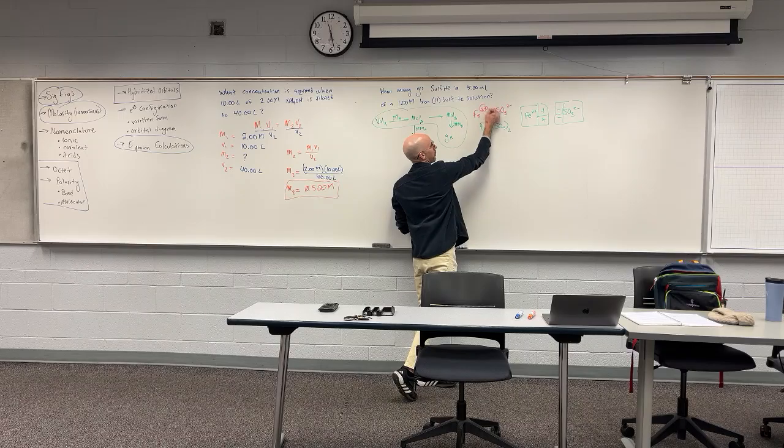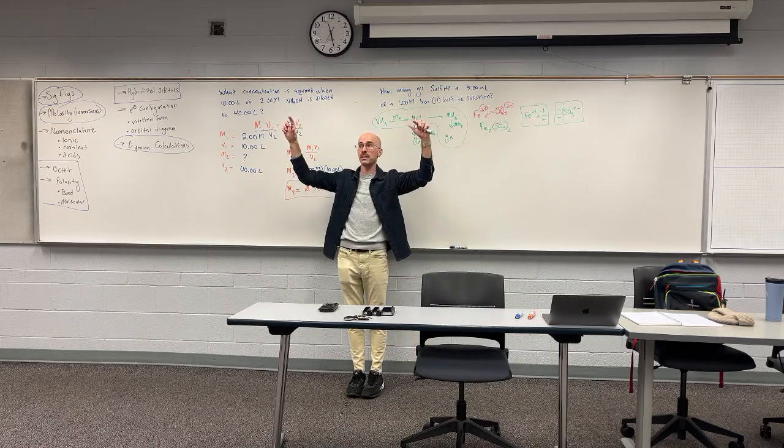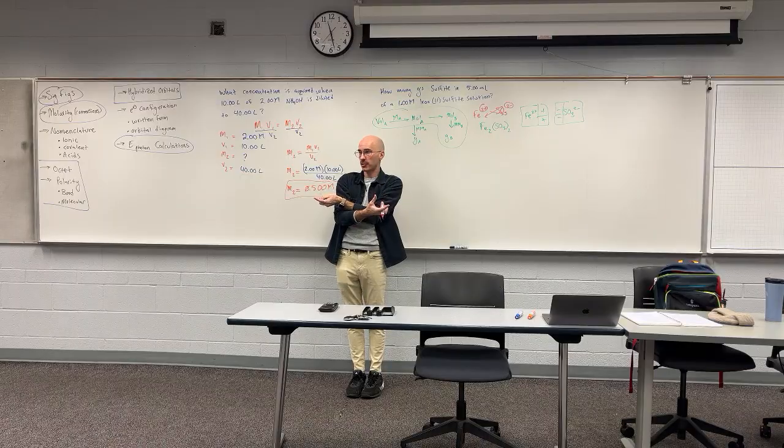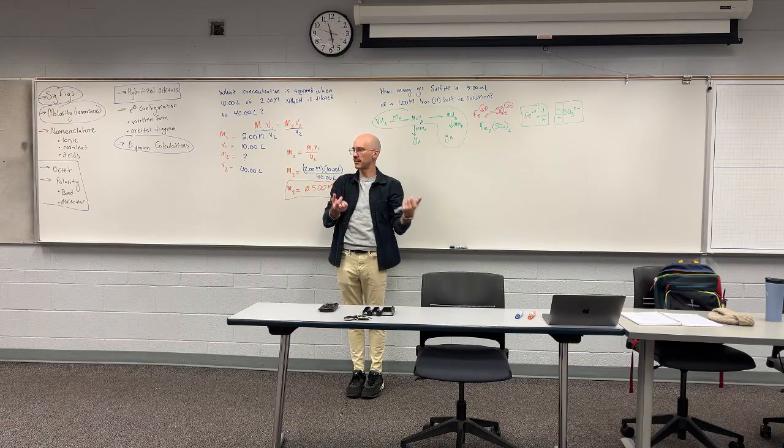Remember, this was the crisscross method. We use charges to predict subscripts. And I want to say this again because I know it confuses a lot of students. The charges are not becoming subscripts. It's just a shortcut. It's a way to predict the subscripts that we would need.